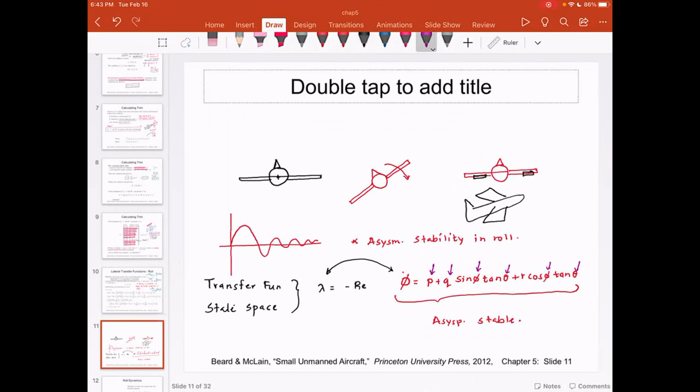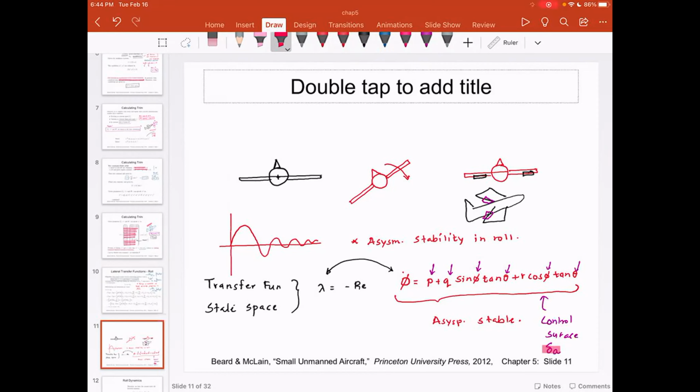Ailerons are the flaps on the wings, and what they do is change the differential lift, and the differential lift causes the aircraft to roll. So the primary control surface I'm going to use is the aileron, defined by delta A.